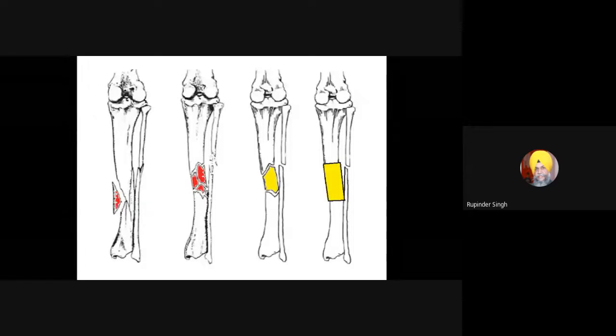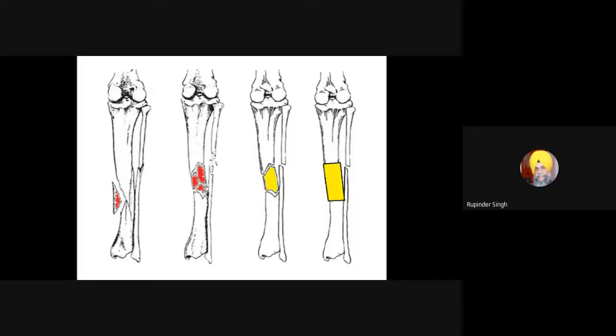In the third one, some inherent instability may still exist, but in the fourth image, you can cut as per the requirement. This bone can be repaired using any means, either a pin or a plate.